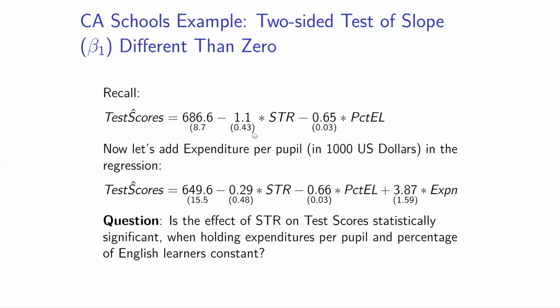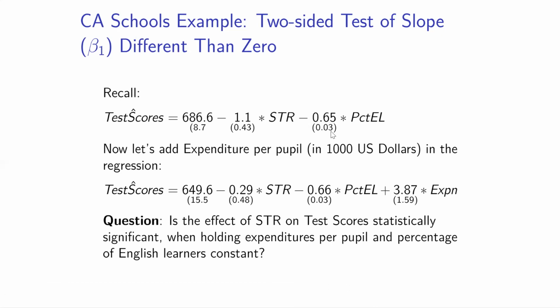Since 2.3 is greater than 1.96, we can reject the null that STR is 0, concluding that STR is statistically significant at a 5% level. Similarly, we can conclude that the percentage of English learners in the class is statistically significant at a 1% level, because the t-stat, which is calculated using 0.65 divided by 0.03, is very big.